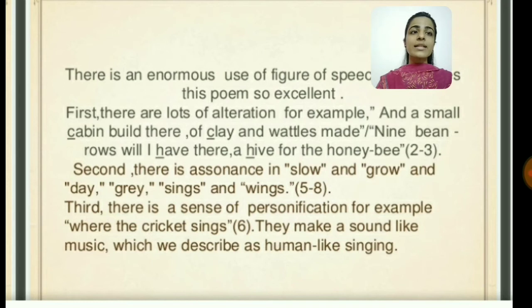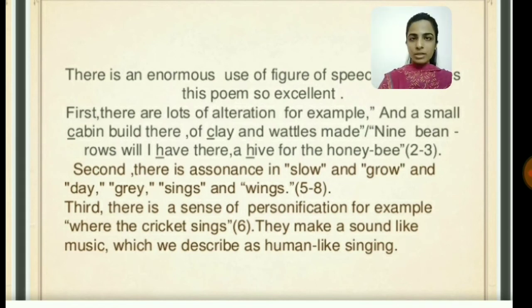Third, there is a sense of personification. Which kind of personification has the poet used here? For example, "where the cricket sings." The insect sings. In reality, just imagine, in reality any insect couldn't sing, but the poet has used that term, "where the cricket sings."